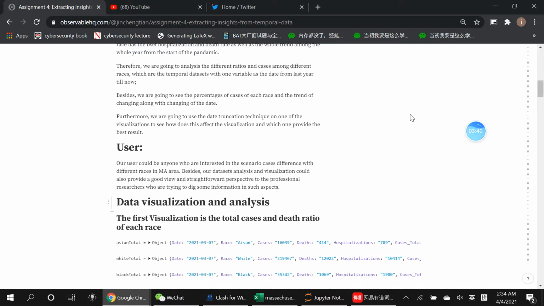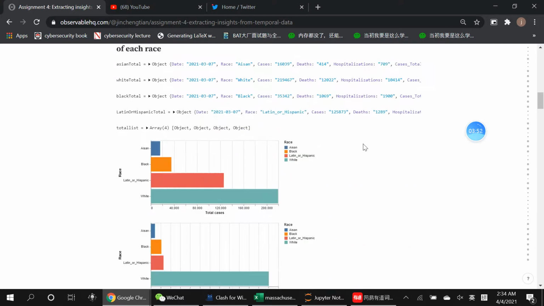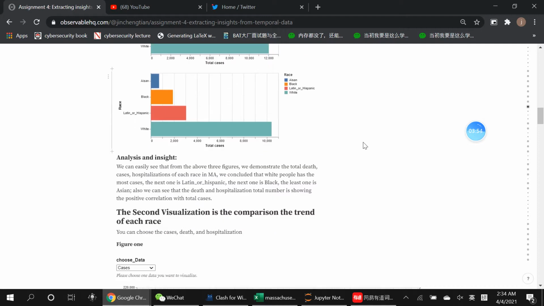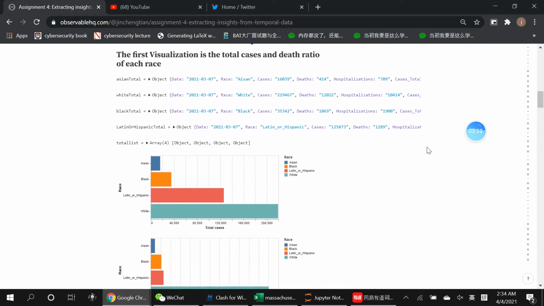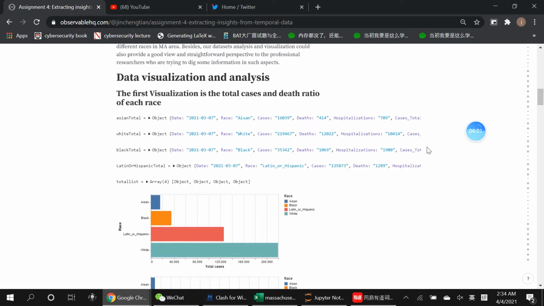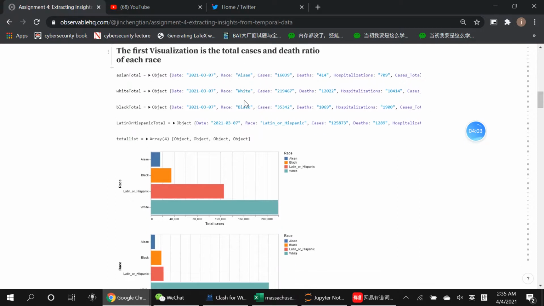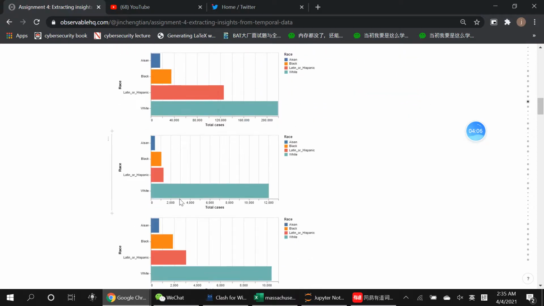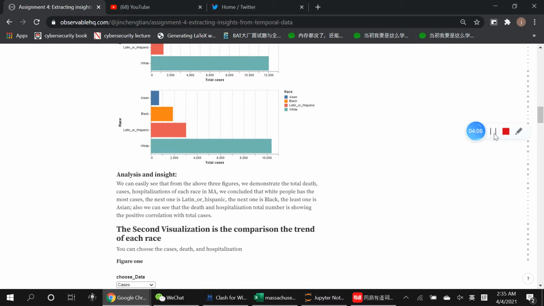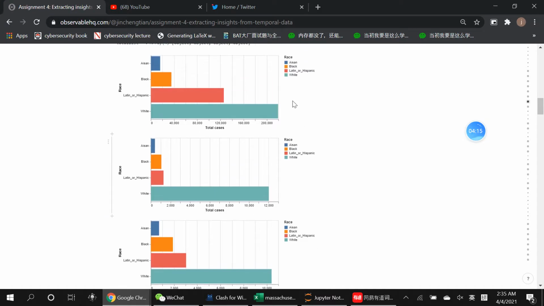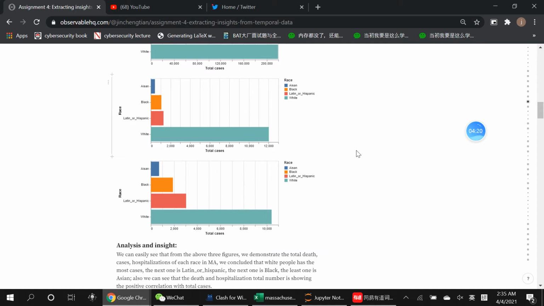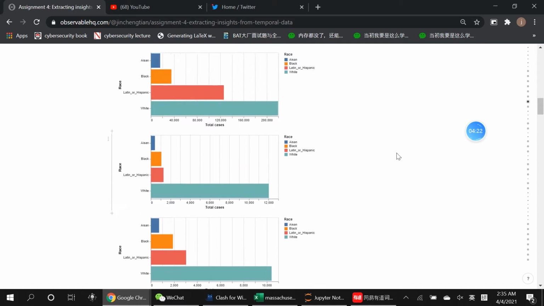To demonstrate those insights, we use three visualizations. The first one is called the total cases and death ratio of each race. Here we can see that white people have the most cases and Asian people have the least, not only for cases but also for deaths and total cases.